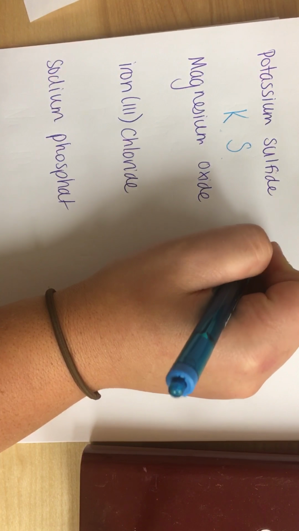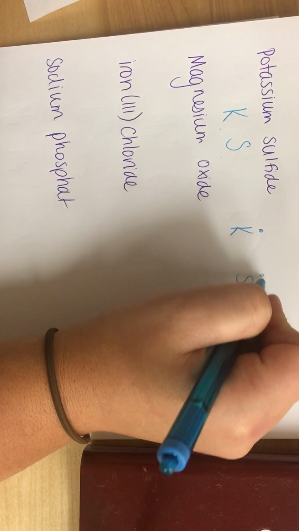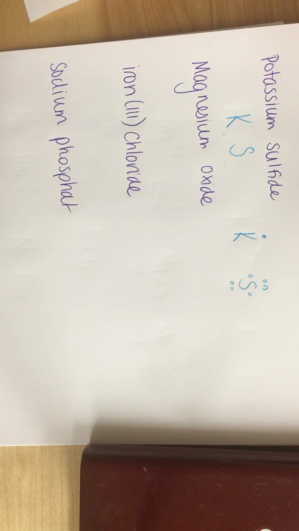Now, when you're figuring out the subscripts, it's important to pay attention to what's happening with the electrons. Potassium has 1 valence electron, and sulfur has 6. In order for both of these elements to fulfill the octet rule, the subscripts are going to tell us the ratio of each that we need.